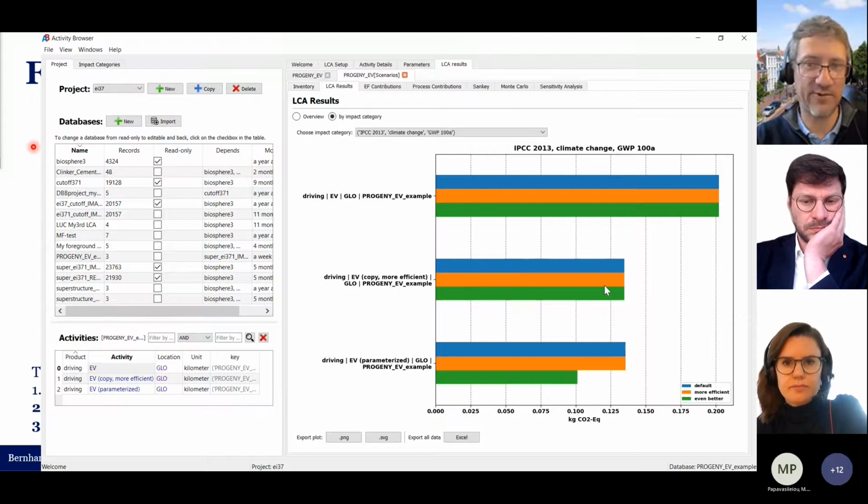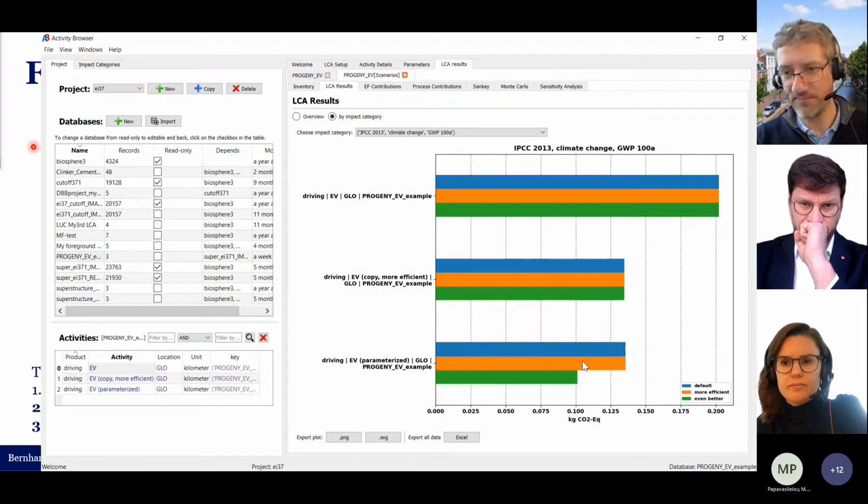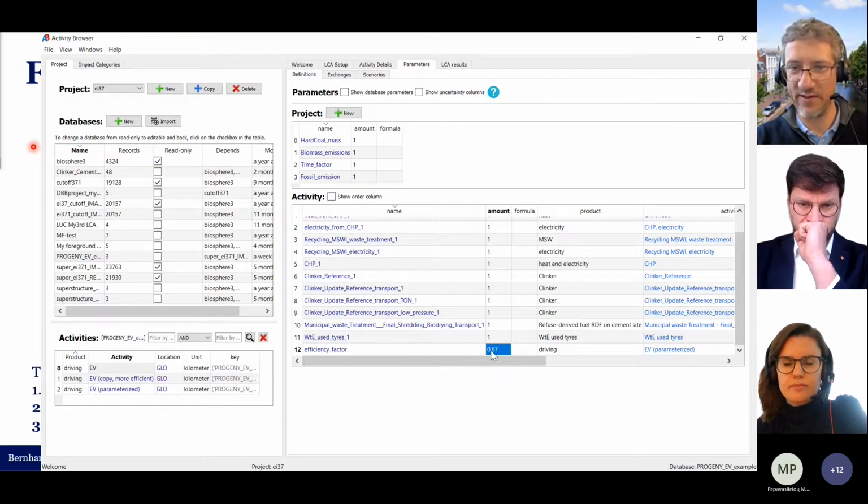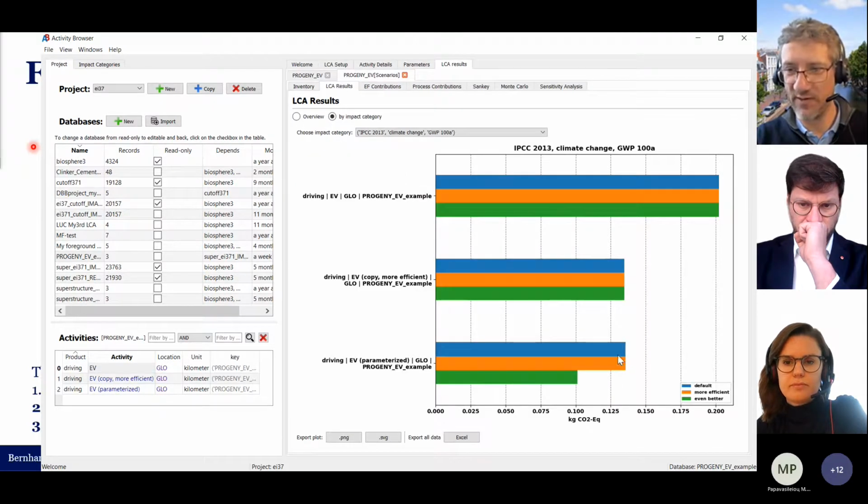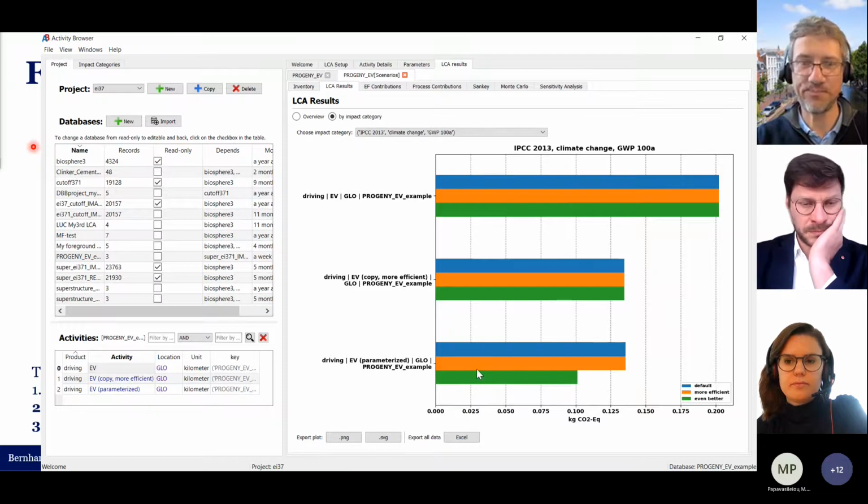That's as expected, right? Because we didn't parameterize them. And we see that here there is a change in the parameterized model. And that is due to the fact that by default it just takes the value that we gave already here. So this value overrides it. So we have two scenarios for 1/3 reduction, which is what we see here. And we have one scenario for a 50% reduction, which is what we see here.